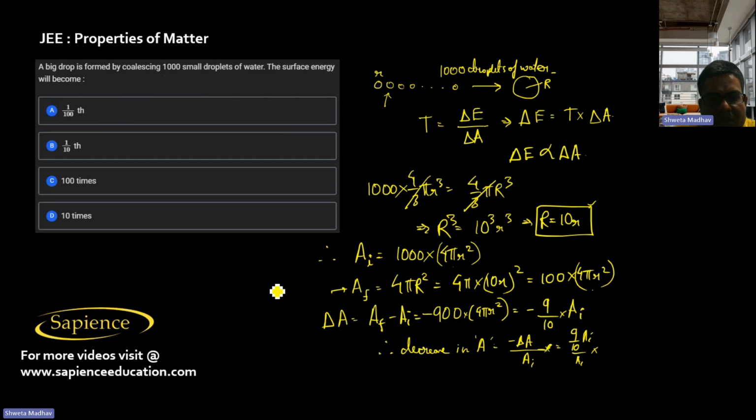Here actually it is told that the final area is 1 by 10 times the initial area. So it means the final surface energy will also be 1 by 10 times the initial surface energy. So the surface energy will become 1/10. Option D is the correct answer.